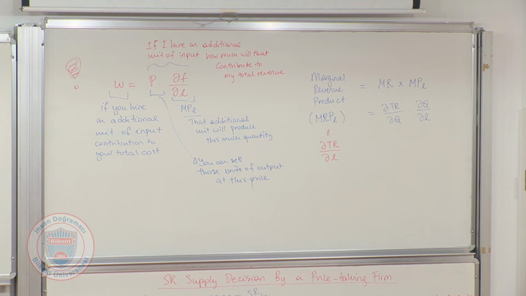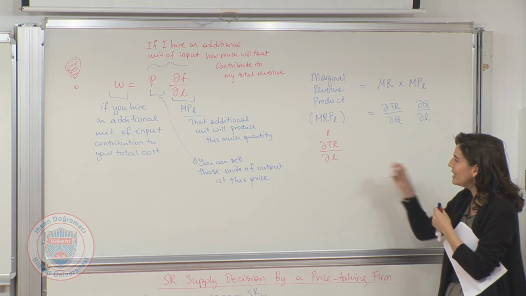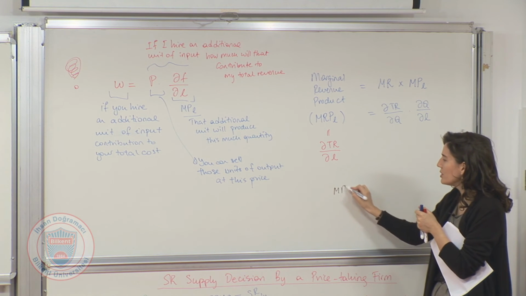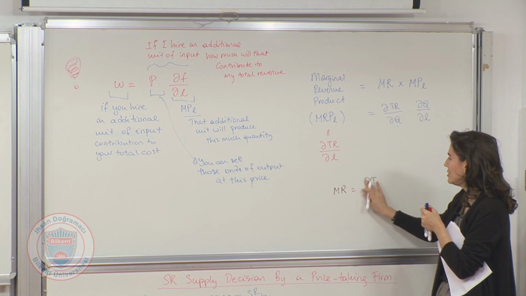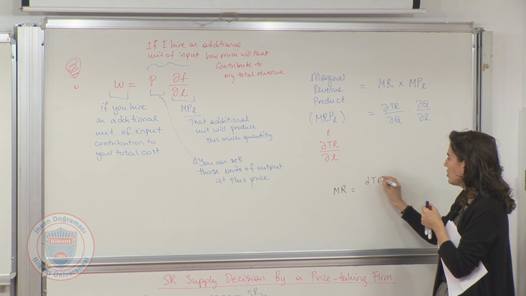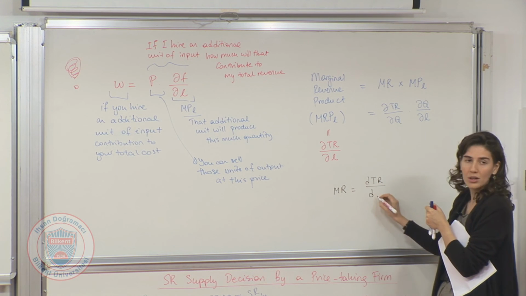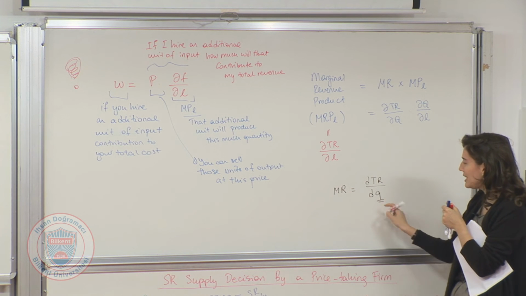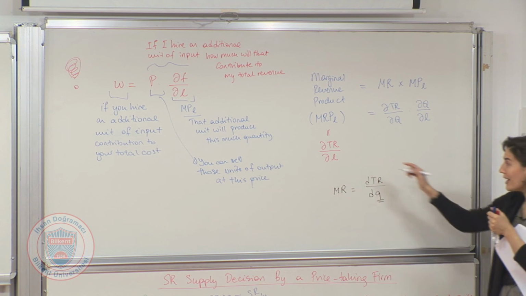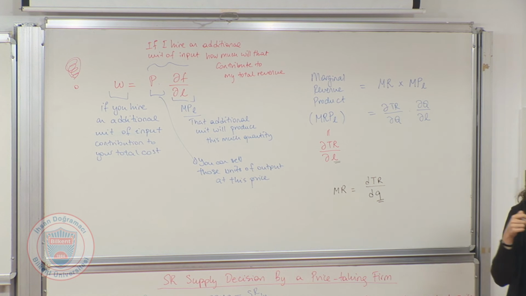So it's a concept called the marginal revenue product. Remember what marginal revenue was? Marginal revenue was d total revenue over dQ, so there I had quantity. Here I have L, so that's why it's different.